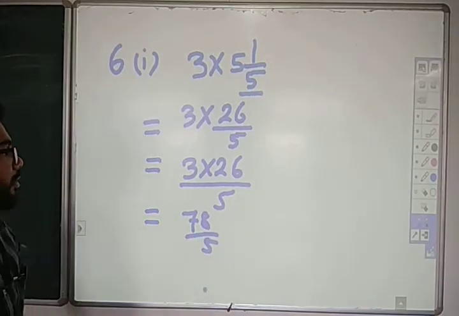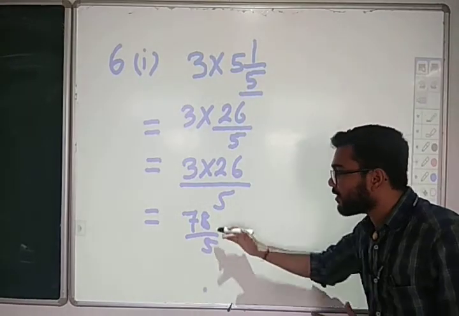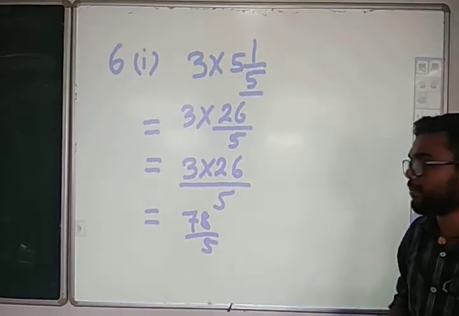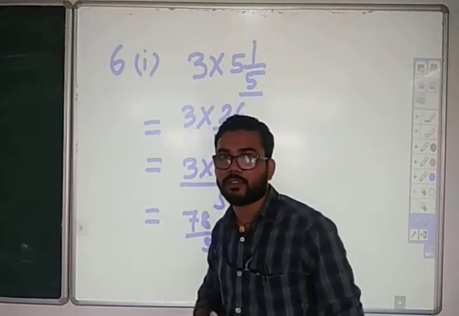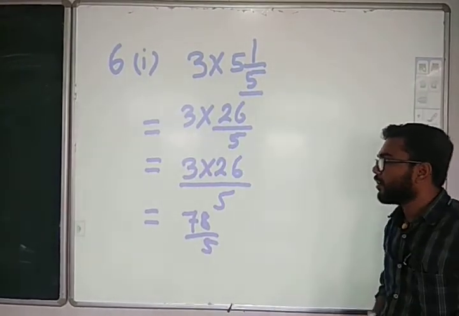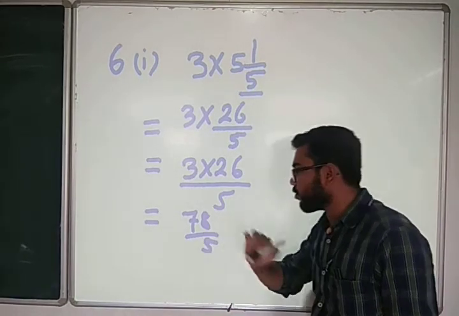78 upon 5. Now, in the question it is given that you need to express it as a mixed fraction. So is it a mixed fraction? No. This is an improper fraction. For a mixed fraction, you just divide the numerator by the denominator.